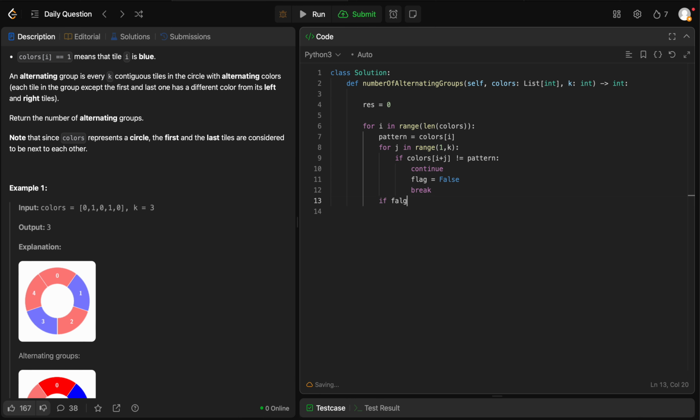If flag, res plus equal 1, flag is true, and I think this is it.